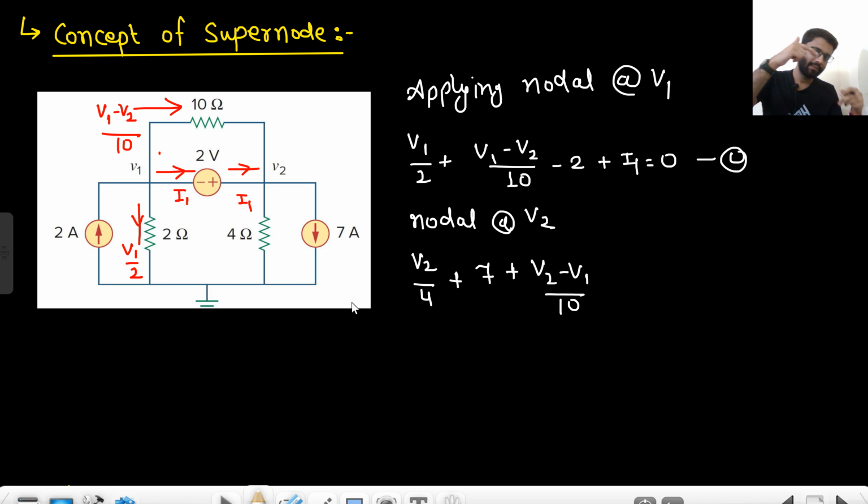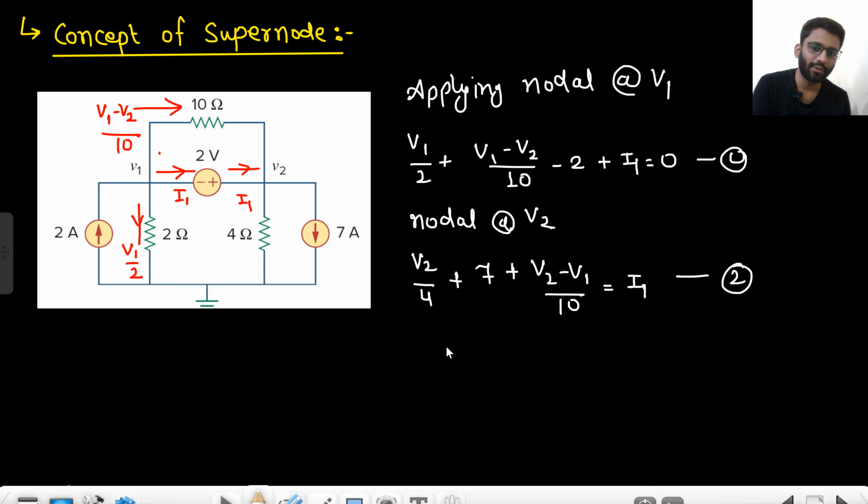V2 by 4, and then 7 ampere current outgoing, then plus (V2 minus V1) by 10, the current here, equals to I1, right? This current is equal to I1. Why so? Because I1 is the incoming current. You could have written I2 here, then you would write I2 equals to minus I1. That doesn't make any sense. I am just considering this I1 current. So I1 current is incoming, so I am writing it equals to I1.